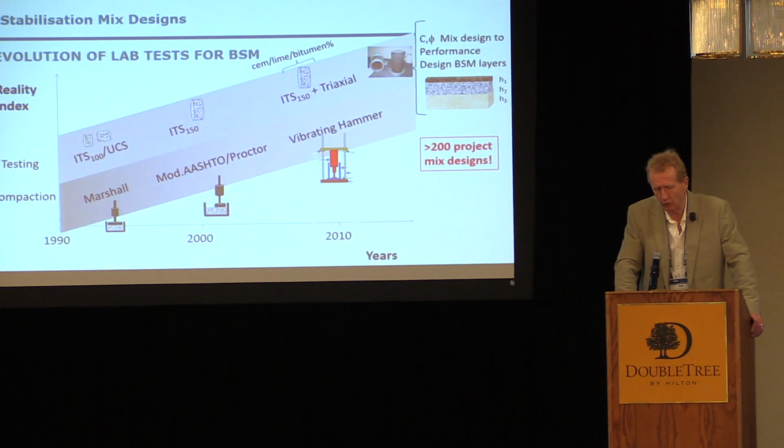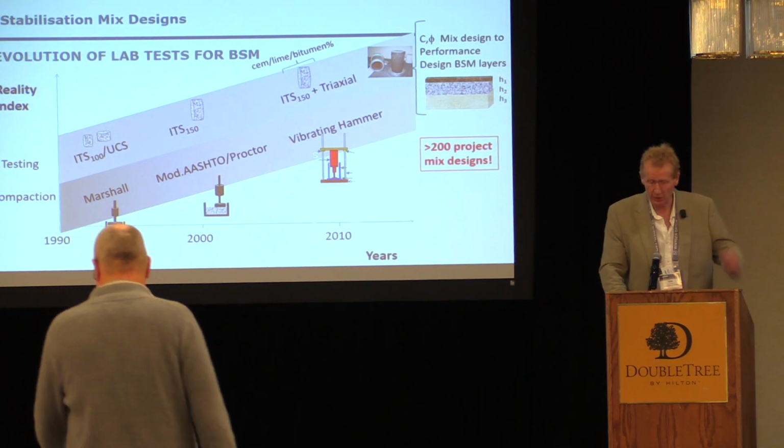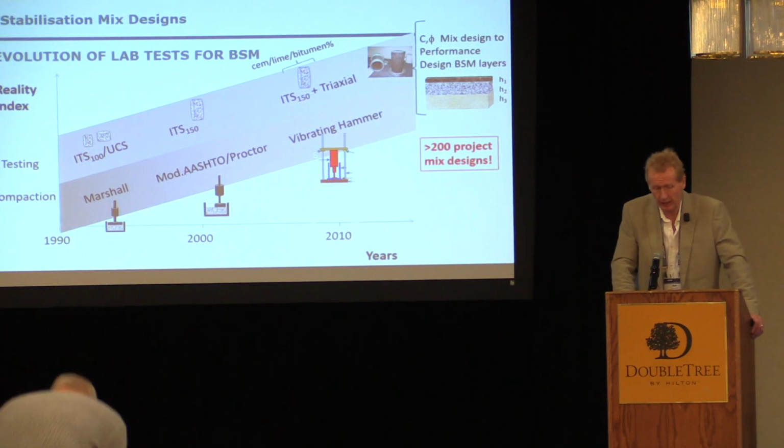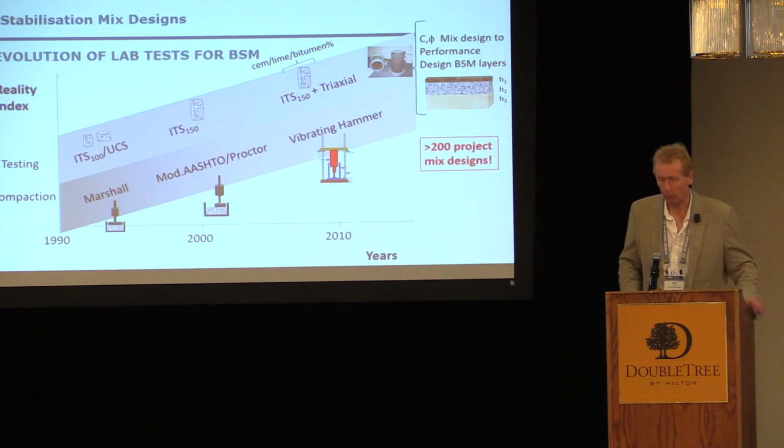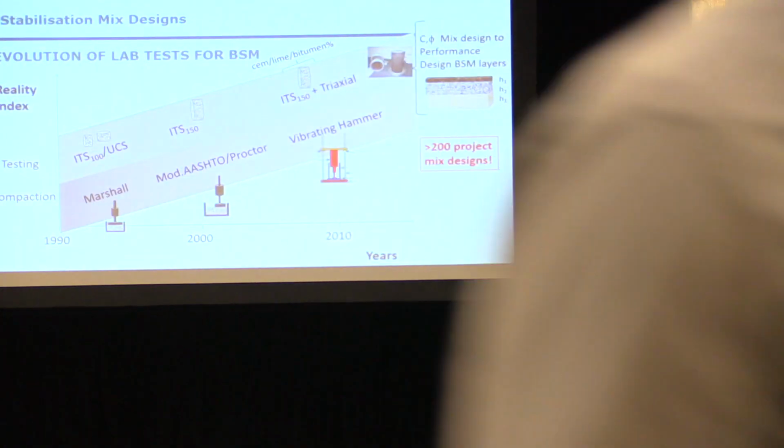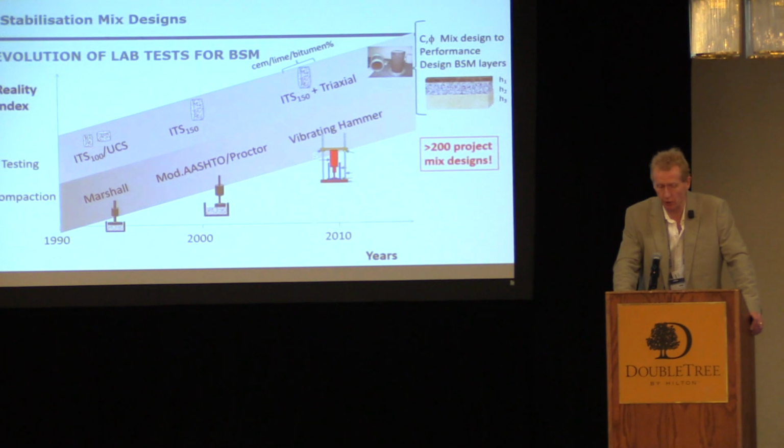They transitioned through the 6-inch diameter, but currently we've added another, and I say we, this is from a South African perspective, although it is being used in other countries as well, a triaxial as a closer performance-related test than the others, because it gives you more fundamental material properties in terms of shear parameters.